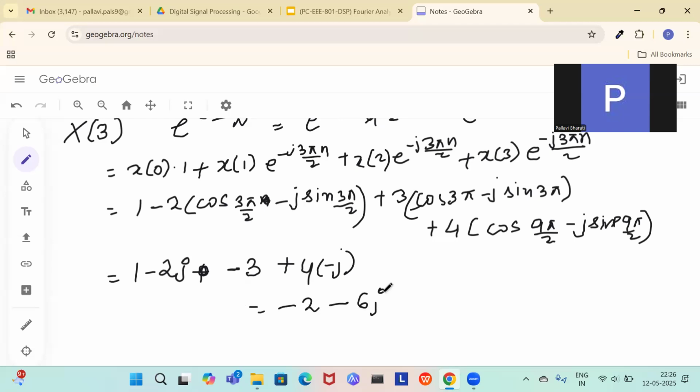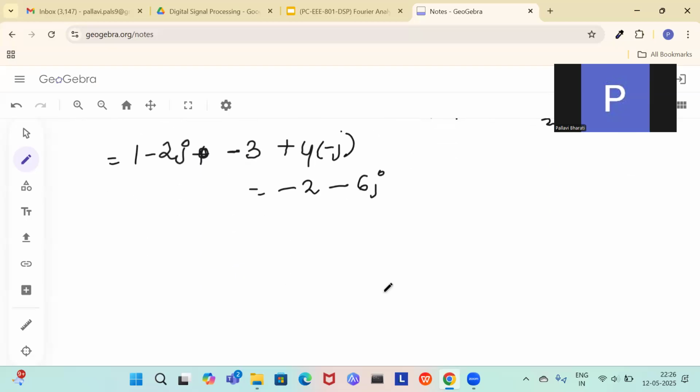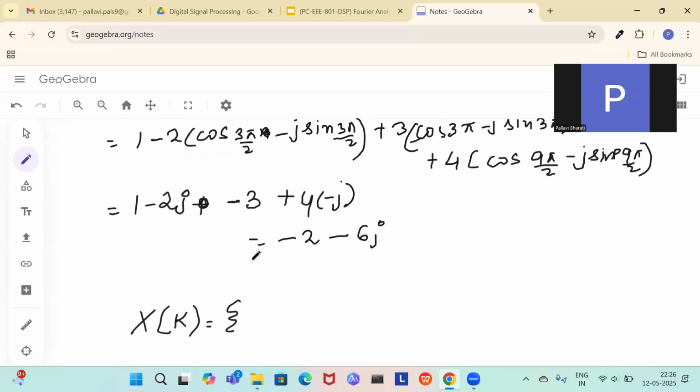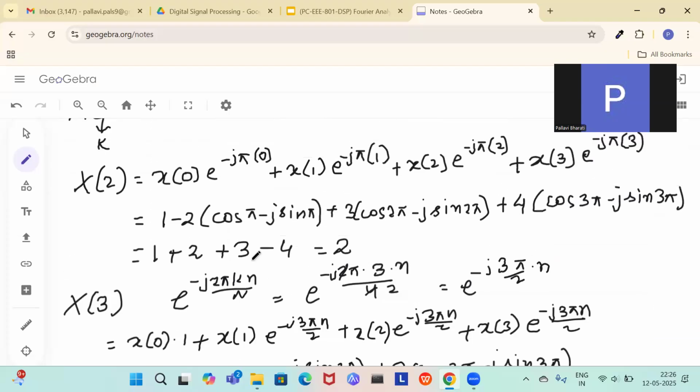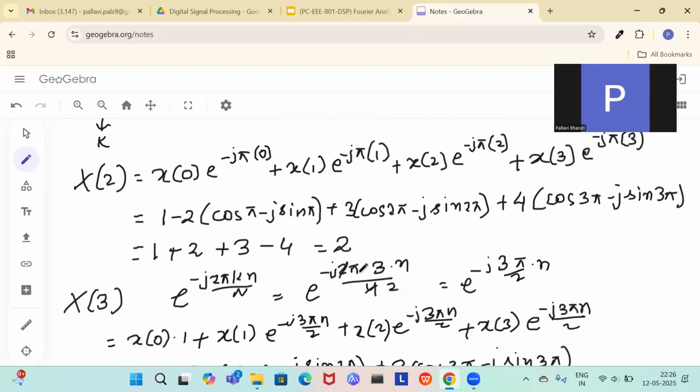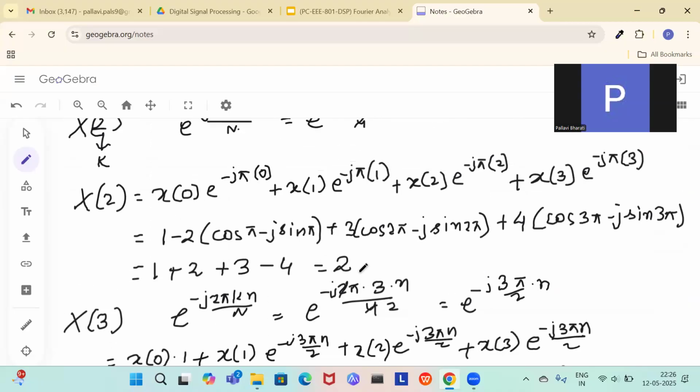So what you get as the final answer is your Xk, which is the value for x0. Just see it. You'll have to scroll up and see.